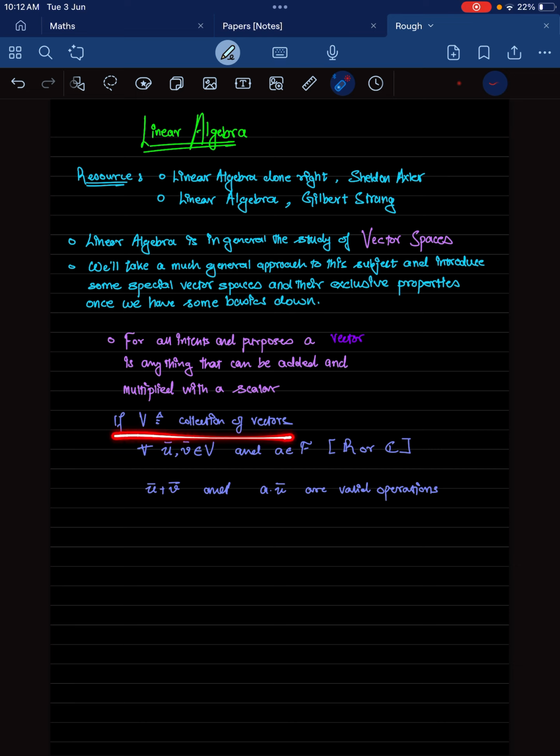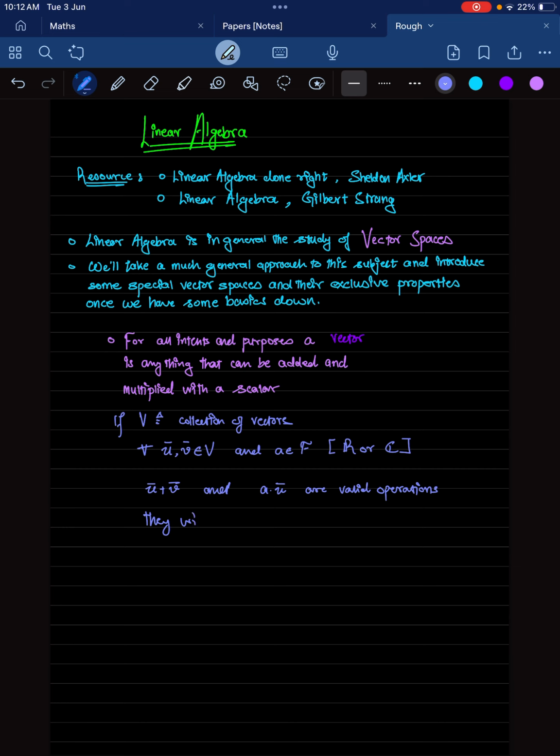Alright, so if we consider V as a collection of vectors, then for all u and v that belong to that collection and any scalar a that belongs to the real numbers or complex numbers, that is any field, u plus v and a times u are valid operations, and as I'll be mentioning later, they will also be vectors.